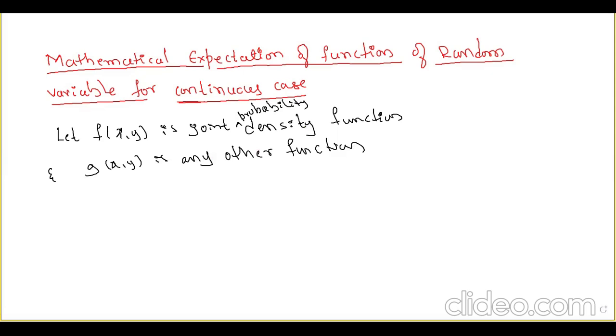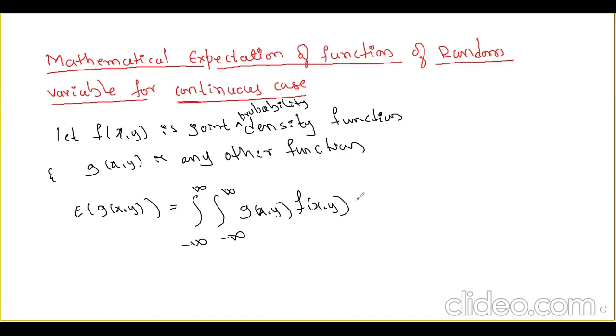So then the expectation of the bivariate case of such functions, I mean the expected value of this g of x, y, is given by the double integration: one integration from minus infinity to infinity, one more also from minus infinity to infinity, of g of x, y into f of x, y into dx dy, right?